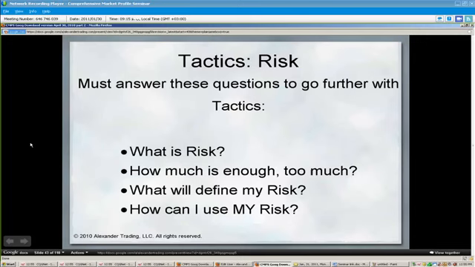I don't know if Harris is going to talk about EdgeCalc this afternoon, but Harris has created and programmed a tool that enables you to put in the risk of a trade, the reward of a trade, the probability of a trade, and gives you an expectancy, and also helps you with determining how much of your account size you should trade. That is outside the scope of the seminar we're doing this weekend, but it gives you an idea about the issues that have to be resolved.